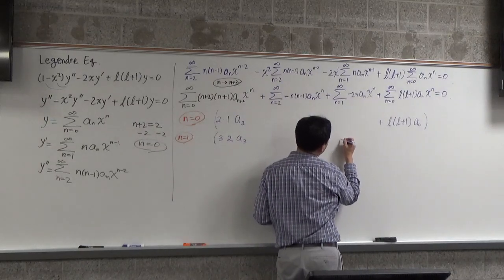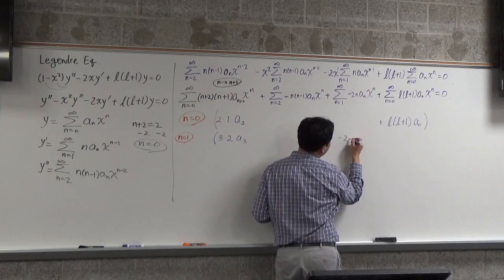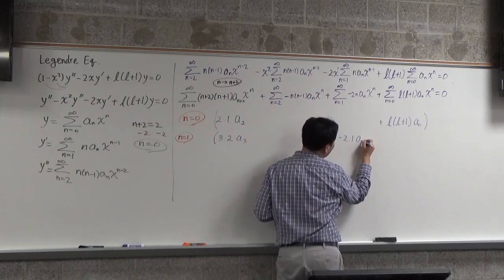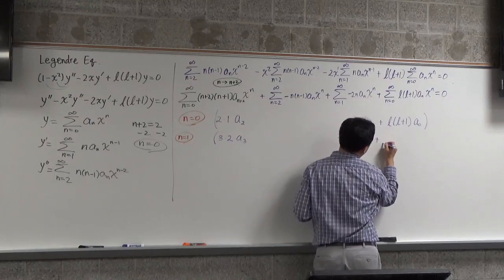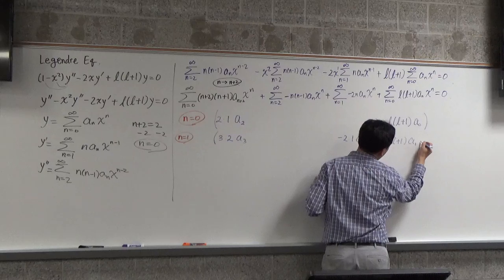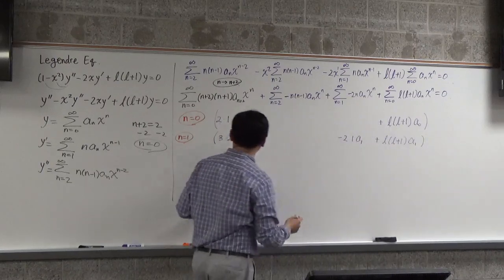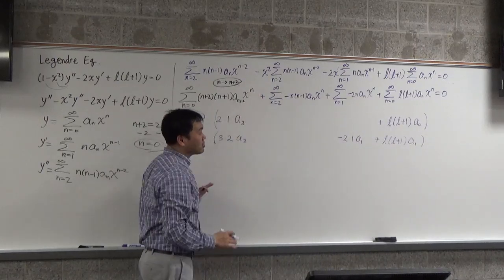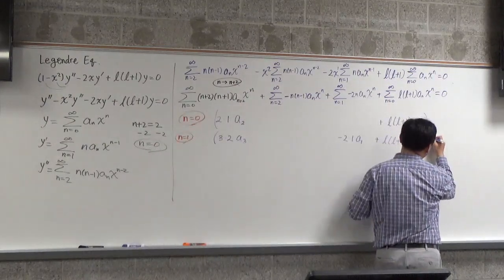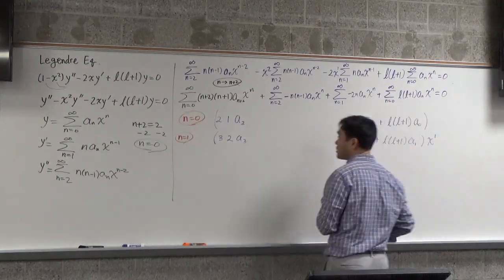Yes, this is minus 2 times 1, a1, plus l times l plus 1, a1. And notice that I didn't put x to the first power because I'm going to factor the x to the first power outside. So all of these are x to the first power.